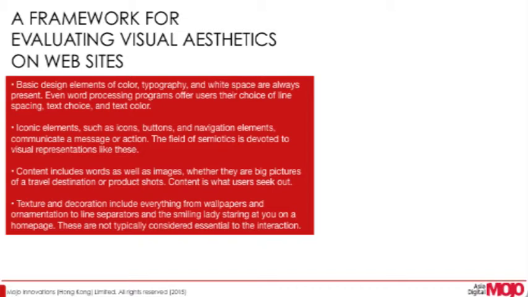These are not typical considerations, especially for interactions. So based on this framework, you can go and check your design work, whether it visually pleases the user who is using your products.